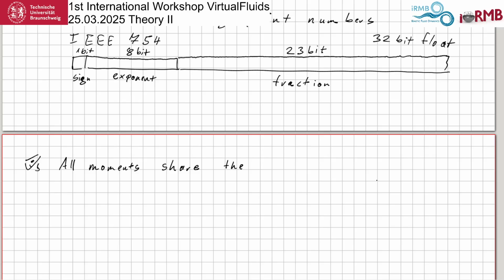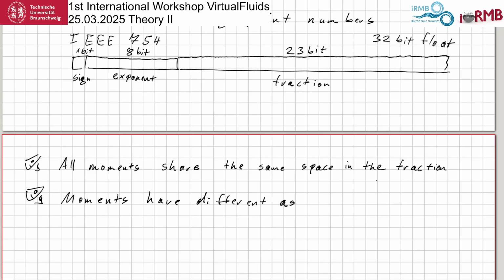And therefore all the moments share the same space in the fraction. And now we have the problem that these moments come at different scales. And this becomes even more apparent for cumulants.